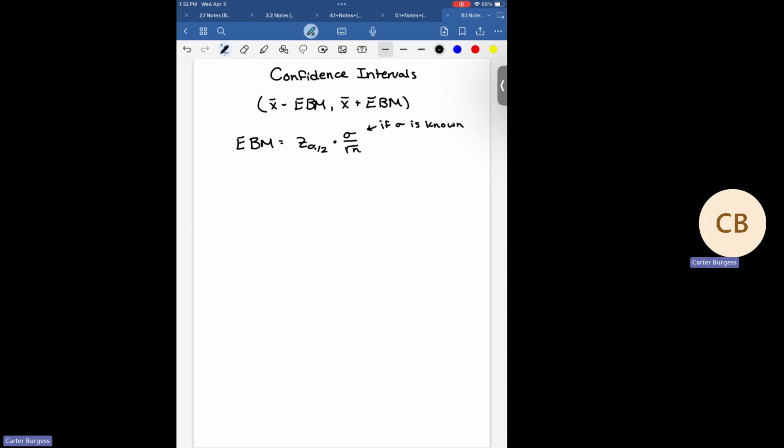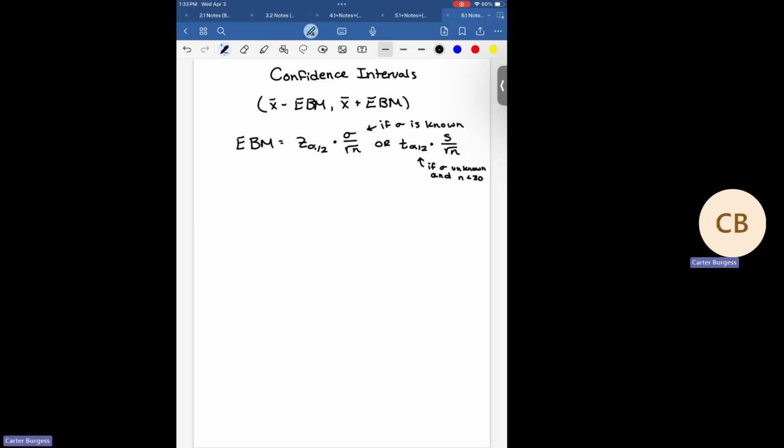If my n is small, then I'm going to use my t-score rather than my z-score, times, we don't know sigma, so we'll use s instead, divided by the square root of n. This is what we were looking at yesterday. So this is if sigma is unknown and n is below 30.